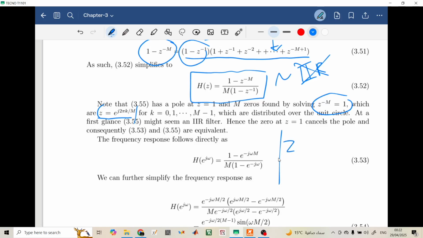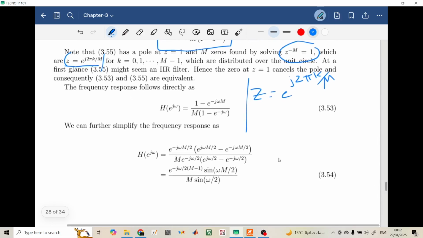The solution is in this form. So z equals e to the power j 2 pi k over m.